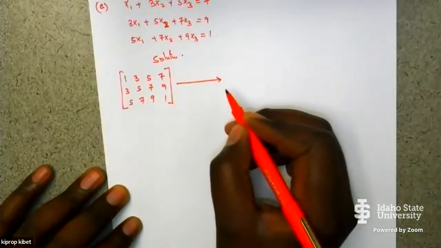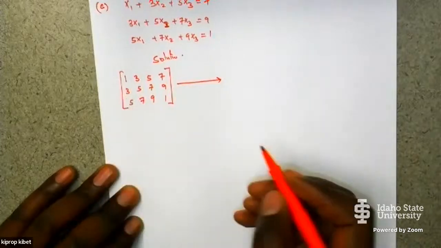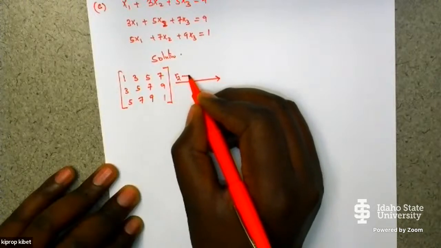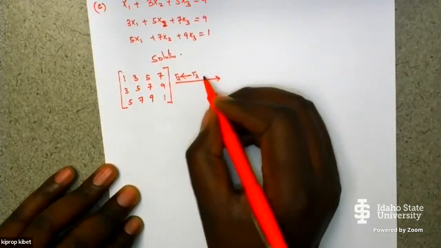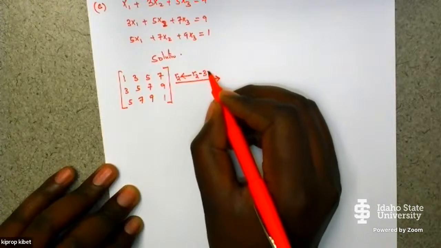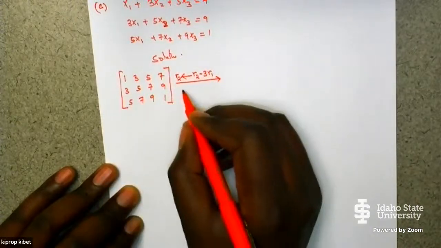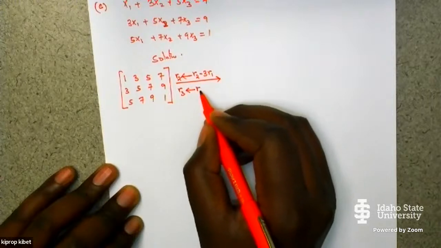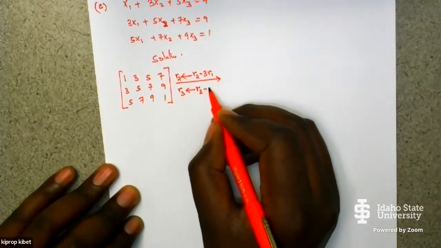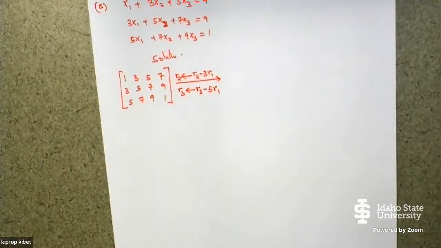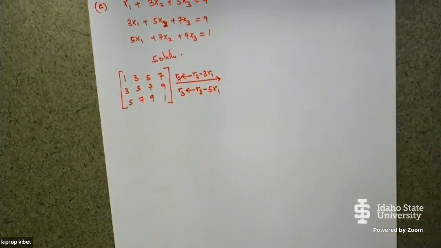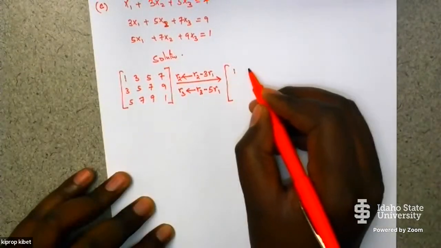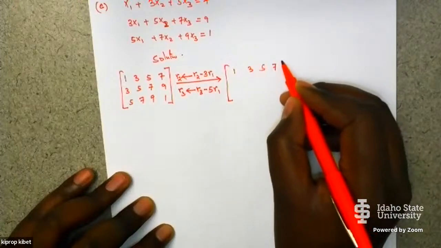So we reduce this. To get the new R2, it will be R2 minus 3R1. And then again, to get the new R3, you get R3 minus 5R1. So what do you get? This is 1, 3, 5, and 7.